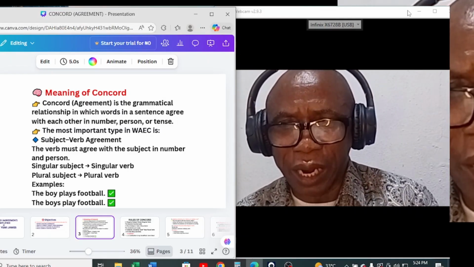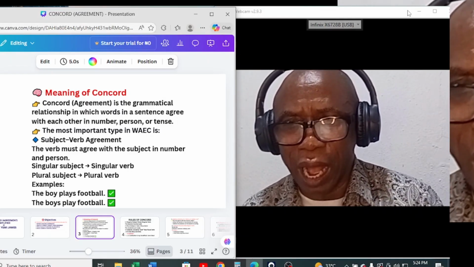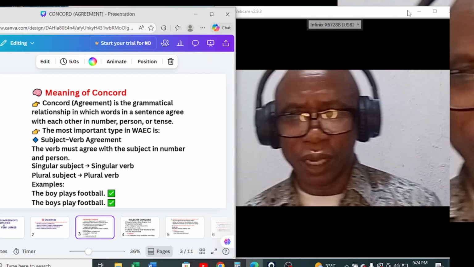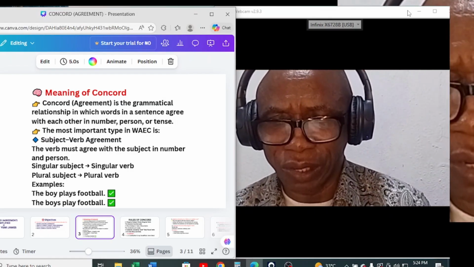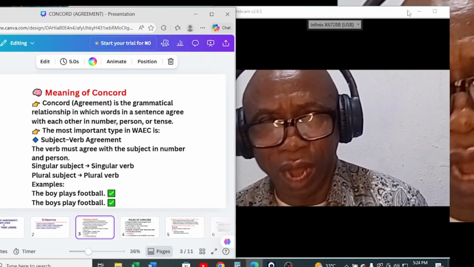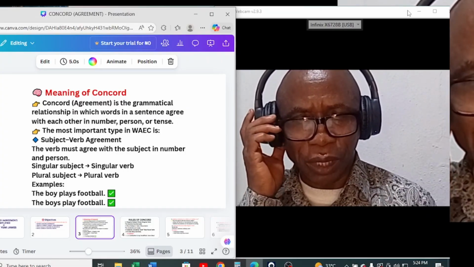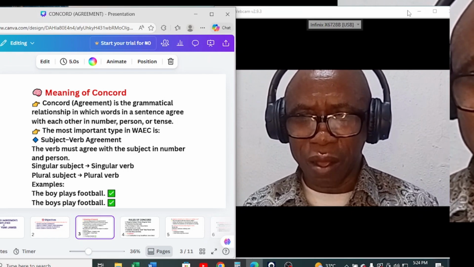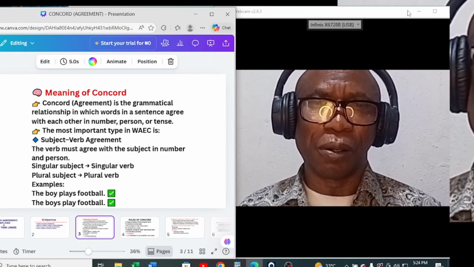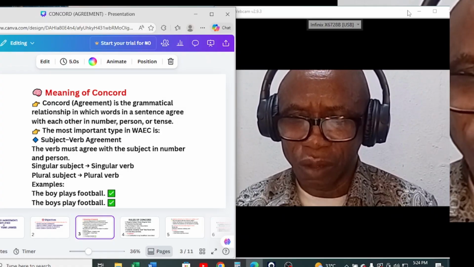The verb must agree with the subject in number and person. Look at this example. Singular subject must have singular verb, and plural subject must go with plural verb. The boy plays football.